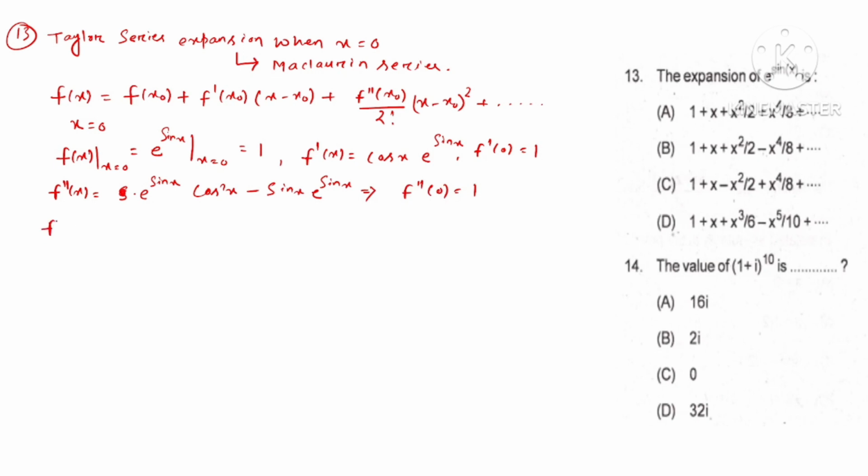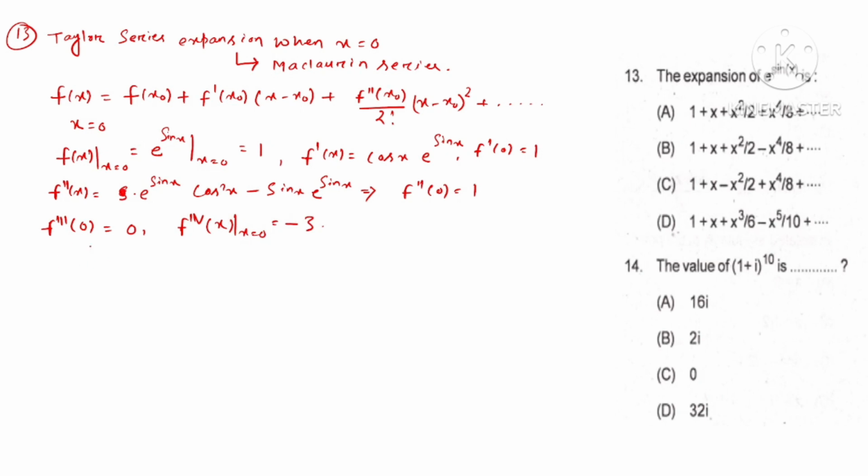Similarly, you can find out f triple prime at 0 is equal to 0, and the fourth derivative of the function at x is equal to 0 is equal to minus 3.